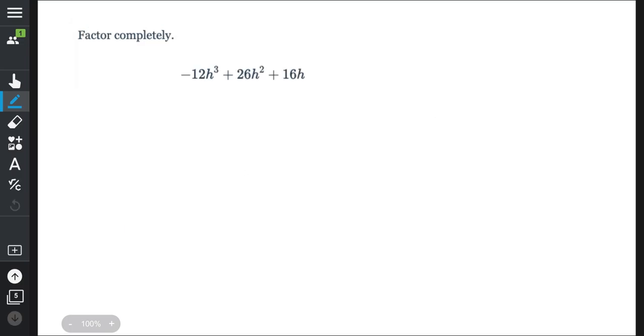Okay, this is going to be a bonus question. This is similar to the first type of question, but I'll show you why it's a bonus question. Because it's going to be a little harder. The GCF here, I'm looking at the numbers. I think it's going to be 2, no more than 2.